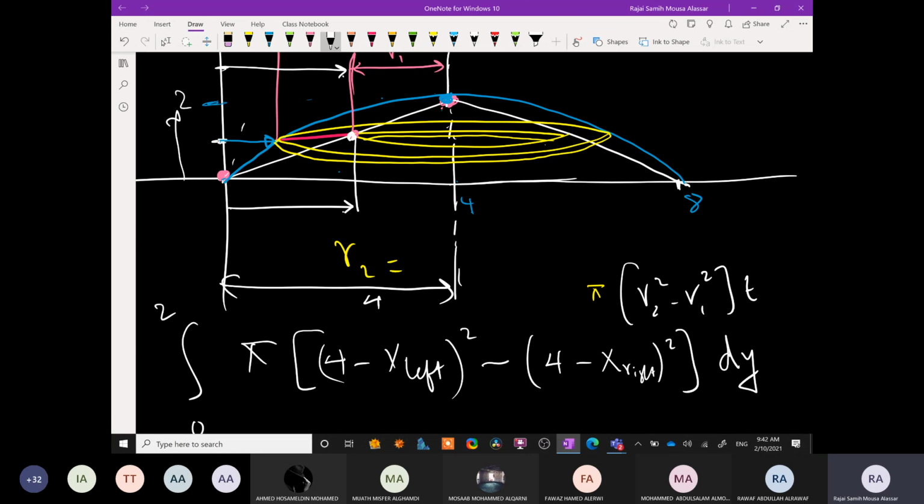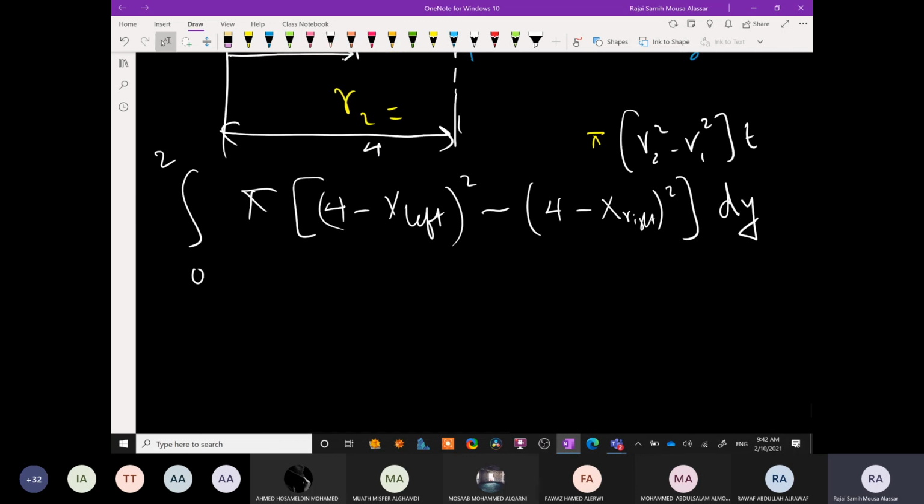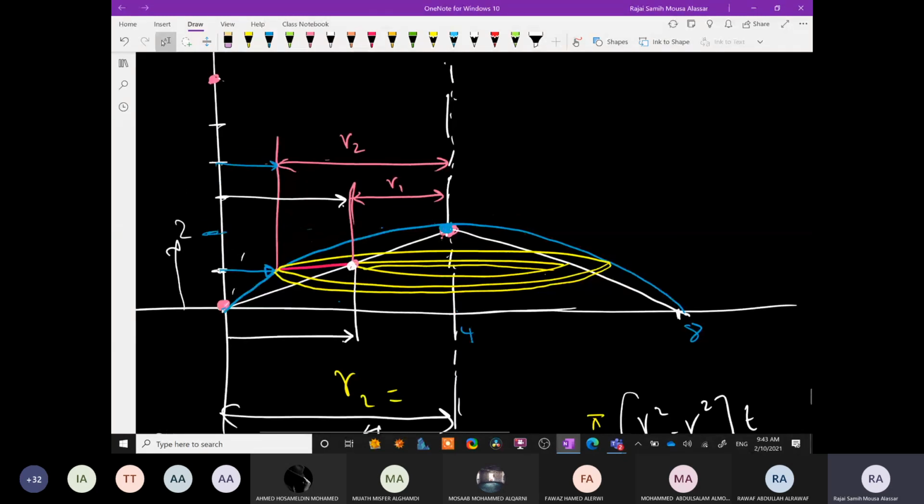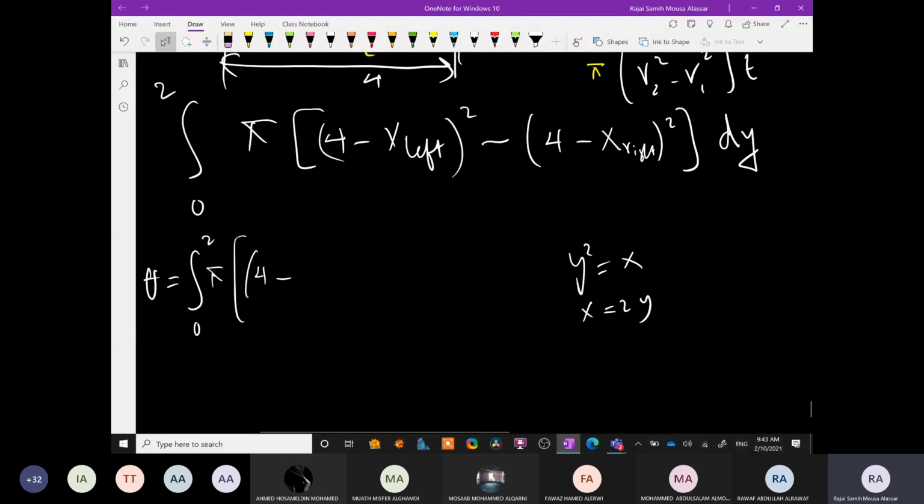So what is the x of the left function? The blue function. Let's just put that: y squared is equal to x, and x is equal to 2y. This is the straight line. So the volume now is going to be from 0 to 2, pi times 4 minus the left function, and the left function actually is the blue one, so you have to change that: x is equal to y squared, isn't it?